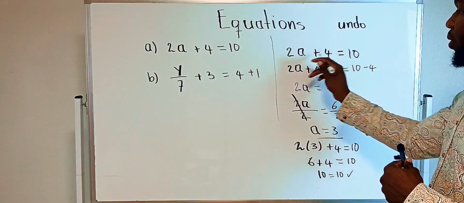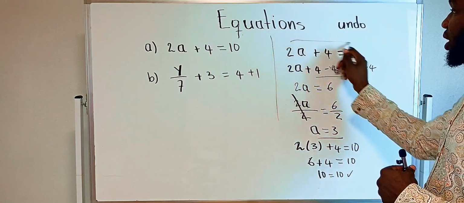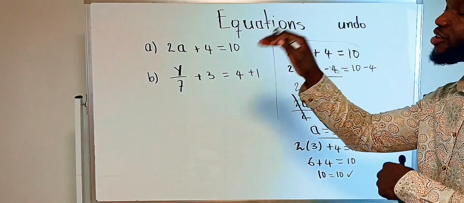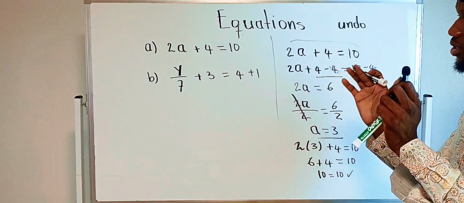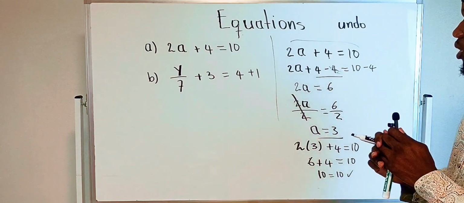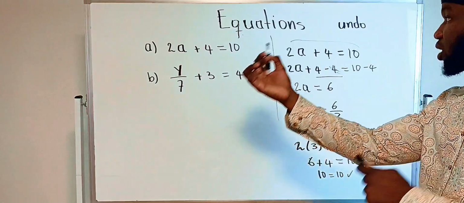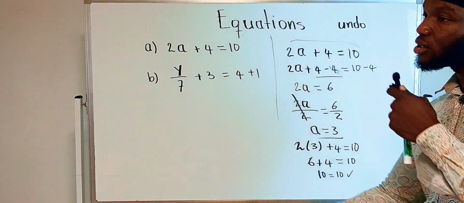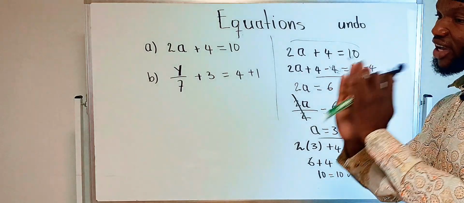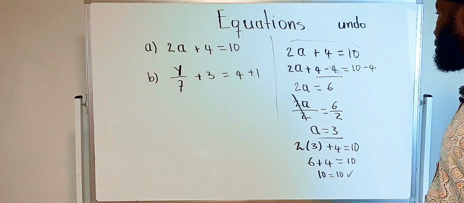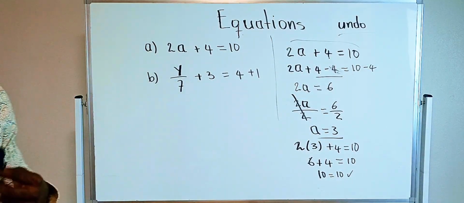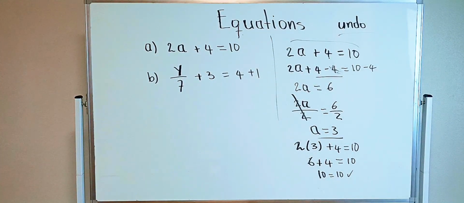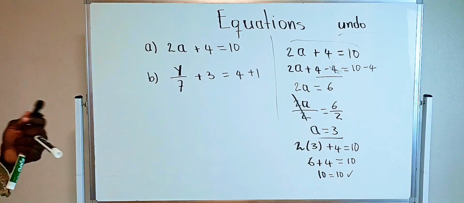To have this equation, they take 2, multiply by a variable a, and add 4, and say this together equals 10. And you're gonna undo the addition and undo the multiplication in order to have a isolated. This is exactly how you solve an equation: we're trying to undo what they did by the inverse of what they did. I hope you understand that.